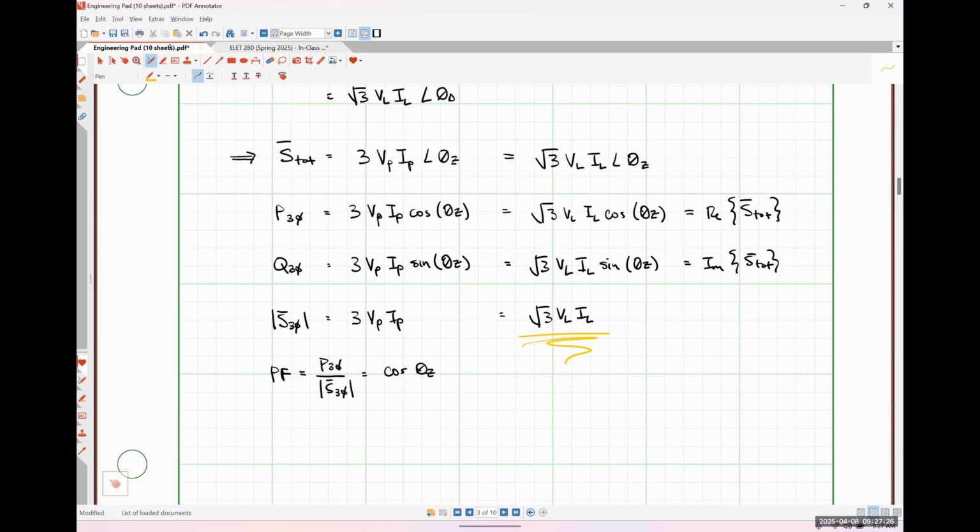So we have apparent power, and we have our line current, because the current flowing through the transmission line is also the current leaving our voltage source. Those are the same quantities. So I think we can just rearrange that apparent power relationship again. VL is just going to be our apparent power divided by √3 times IL.